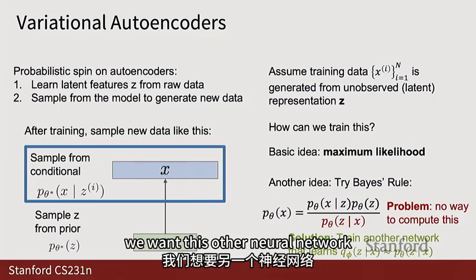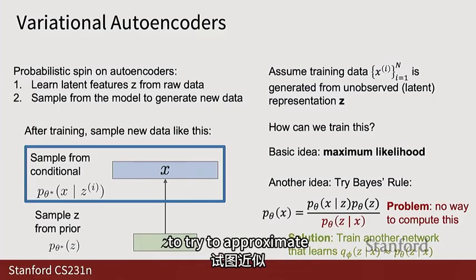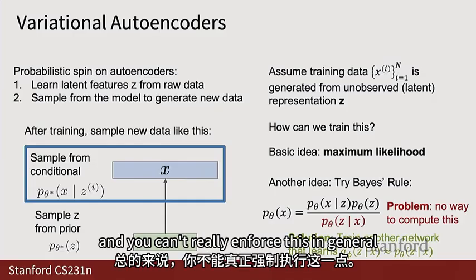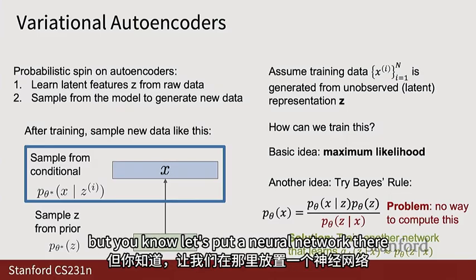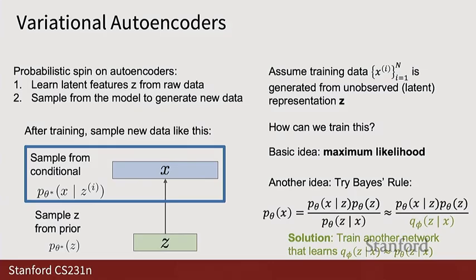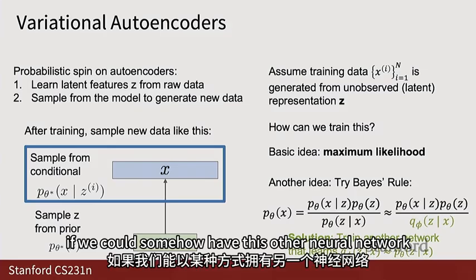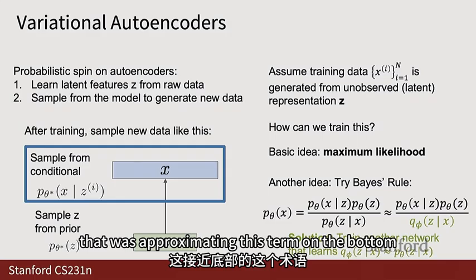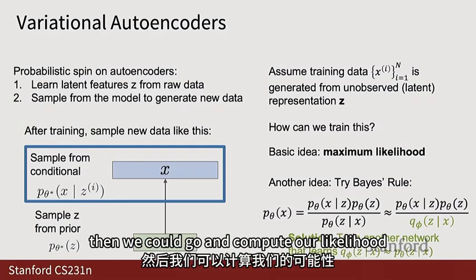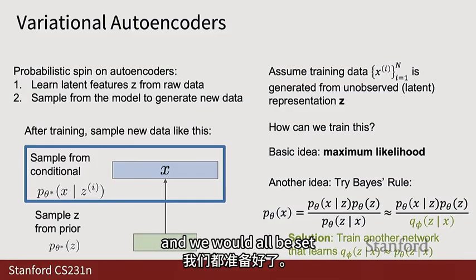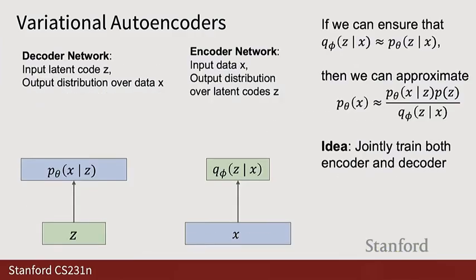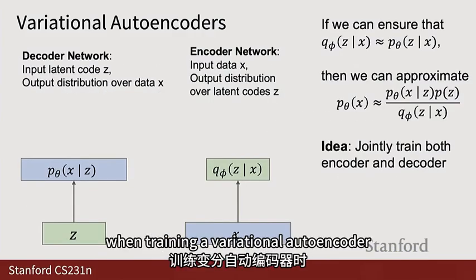And the whole thing is we want this other neural network to try to approximate the true p of z given x of the first neural network. And you can't really enforce this in general, but let's put a neural network there and see what we can do. So if we could somehow have this other neural network approximating this term on the bottom that we can't compute, then we could compute our likelihood and do maximum likelihood, and we would all be set. So that's kind of what we do when training a variational autoencoder.